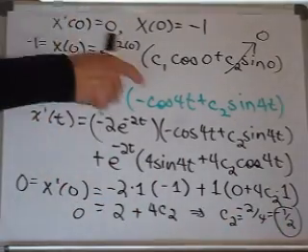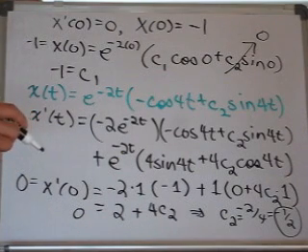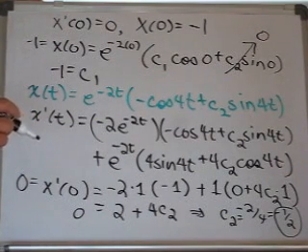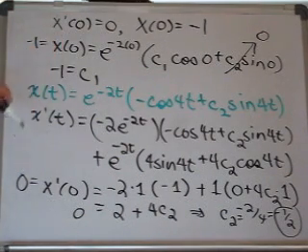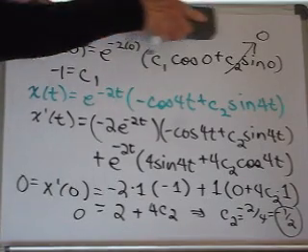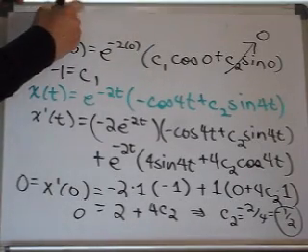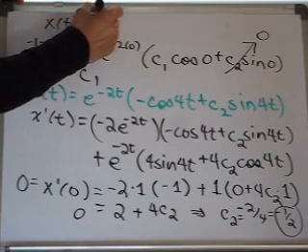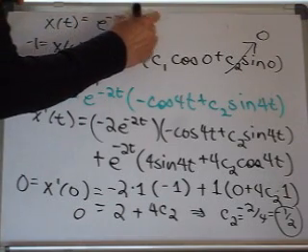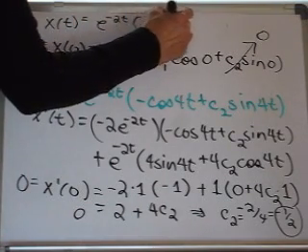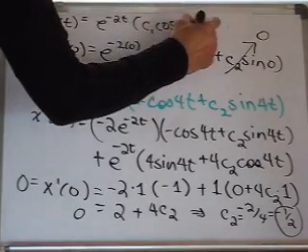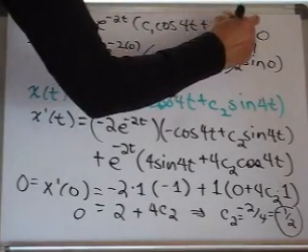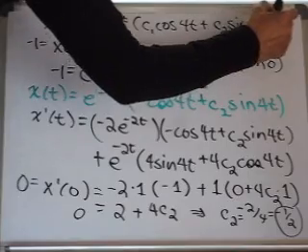Okay, so now I've got c1 and c2, and I can substitute those back into my original equation, which was x of t is equal to e to the negative 2t times c1 cosine of 4t plus c2 sine of 4t.